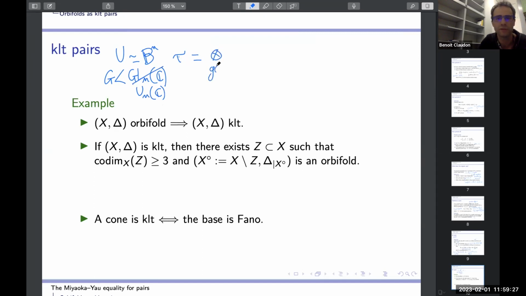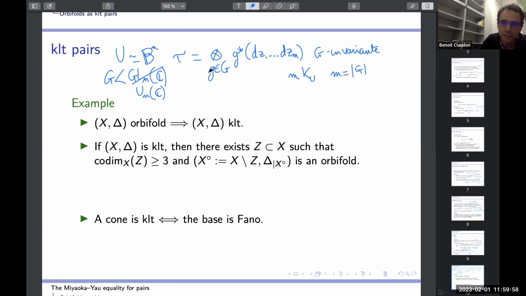You take the tensor product of the translates of the usual form, and so it is a G-invariant section of mK_U, where m is the order of G, and so it defines something on X.